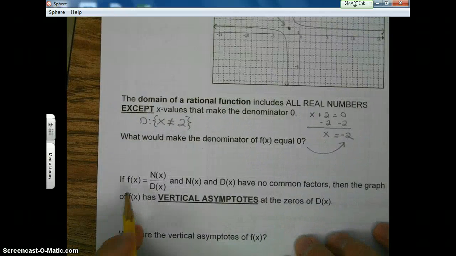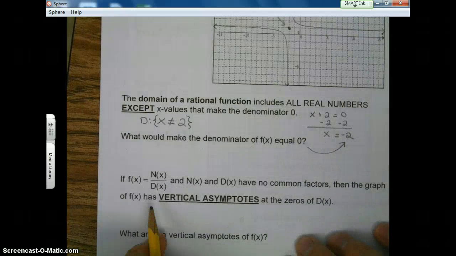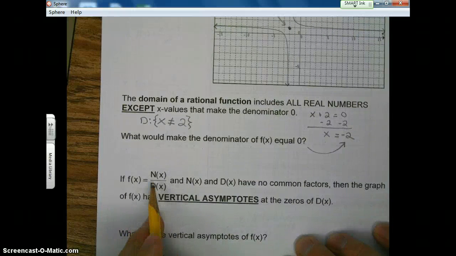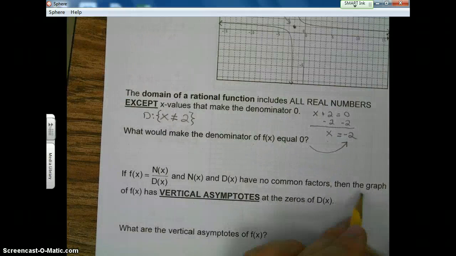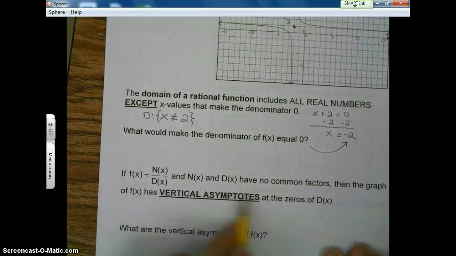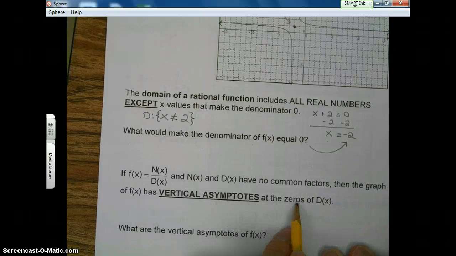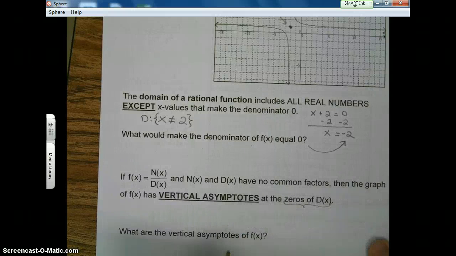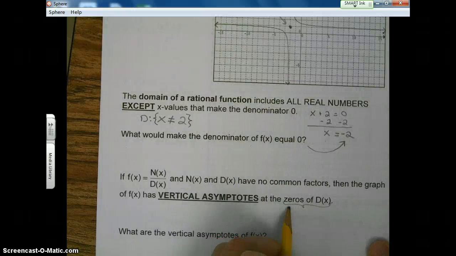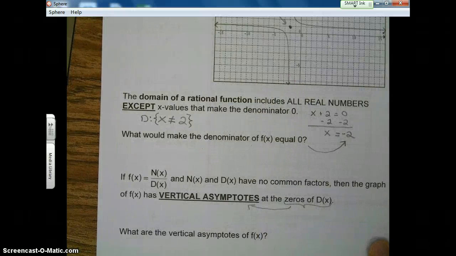If function f equals function n divided by function d, and they have no common factors, then the graph of function f has vertical asymptotes at the zeros of d of x. So let's talk about this. The zeros of d of x are going to give us the vertical asymptotes.